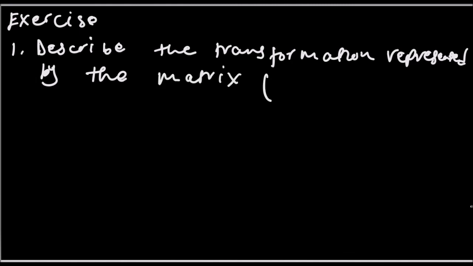Our matrix is (-1, 0; 0, -1). So you can choose an object of your choice and transform it through this matrix, and you describe the transformation.